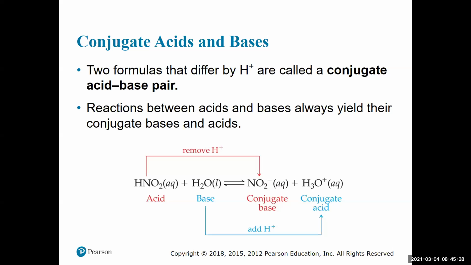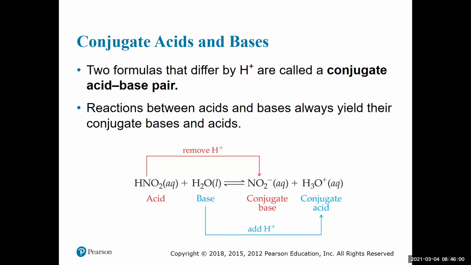And so in the example we have on this slide, we have HNO2, nitrous acid, and we have nitrite ion in the product. So the HNO2, the acid form, donated that proton to water, giving us H3O plus, and then NO2 minus. So the NO2 minus is the conjugate base of the HNO2 acid.